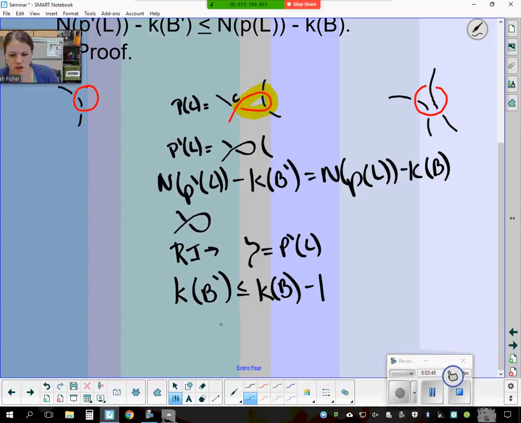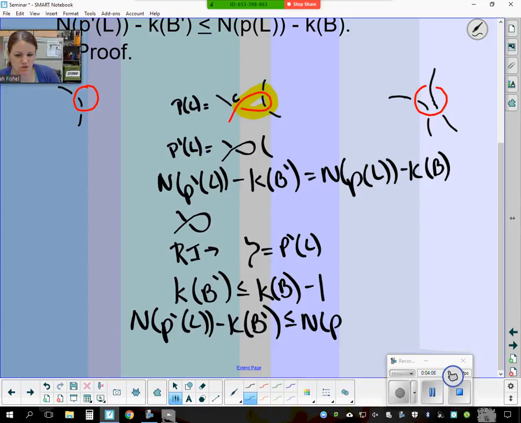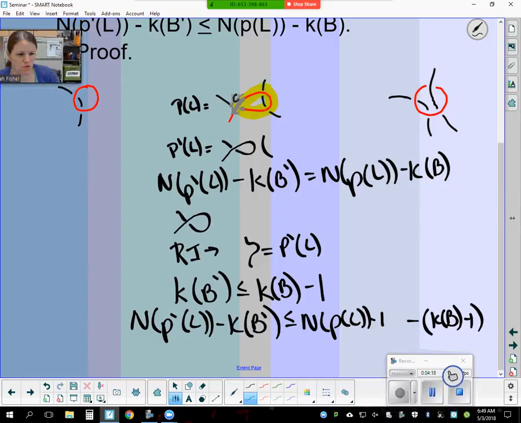Please and thank you. So then, therefore, we again have that the number of crossings in the P prime projection minus the bridge number has to be less than or equal to the number of crossings in the original projection minus 1, minus the bridge number minus 1.